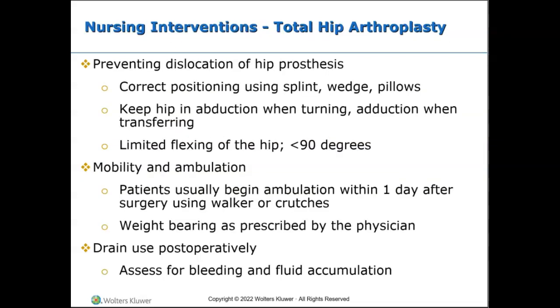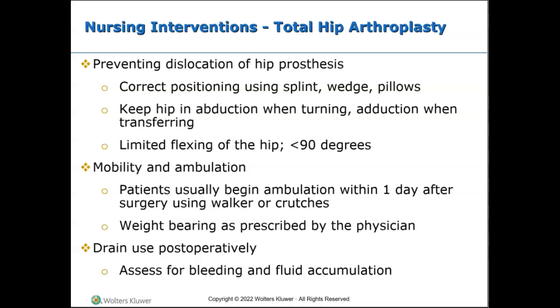Okay, so how do we prevent dislocation of the hip prostheses? The way we do that is correctly positioning the patient using a splint, a wedge pillow, and other pillows. We need to keep the hip in abduction when turning. We need to keep the patient and hip in adduction when transferring.